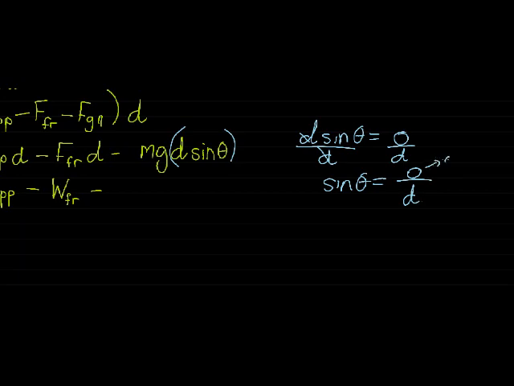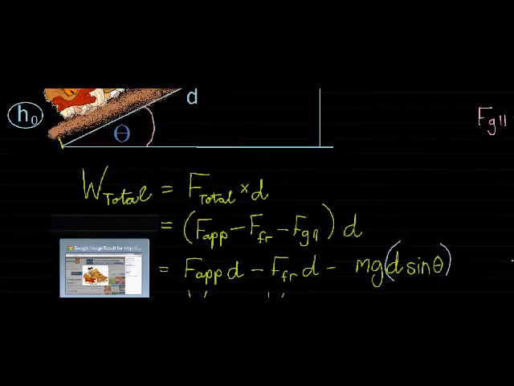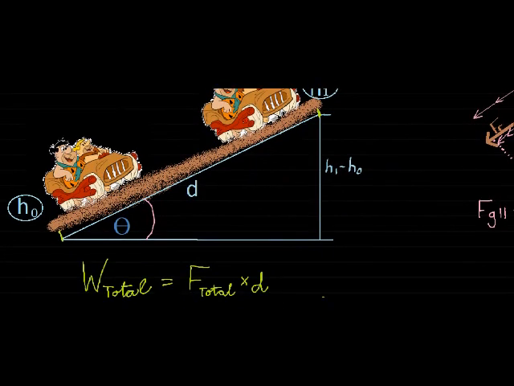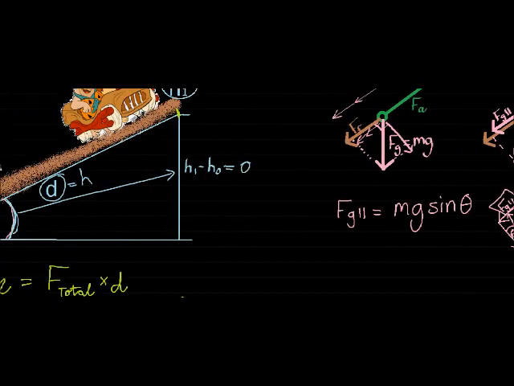That means it's opposite over hypotenuse. If I go back to the picture, there's theta, so sine of theta is opposite over hypotenuse, which in this case is d.